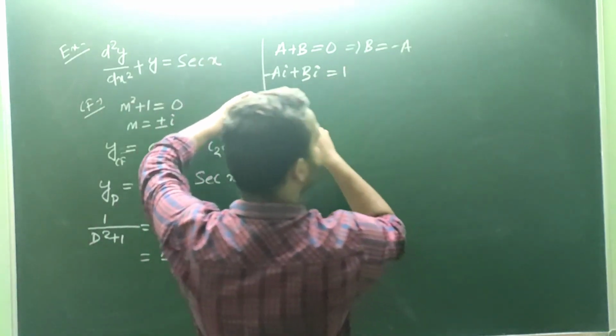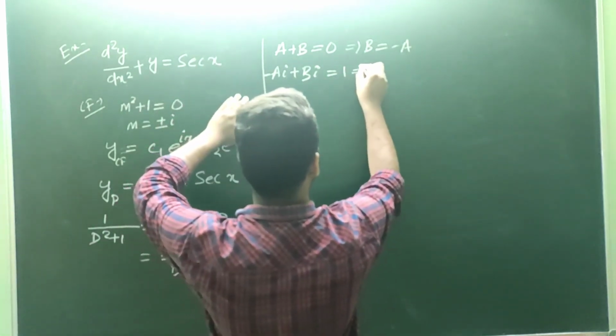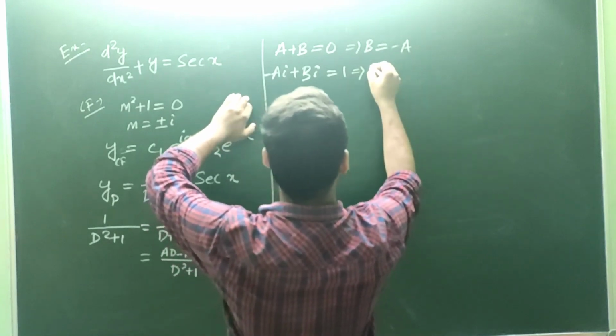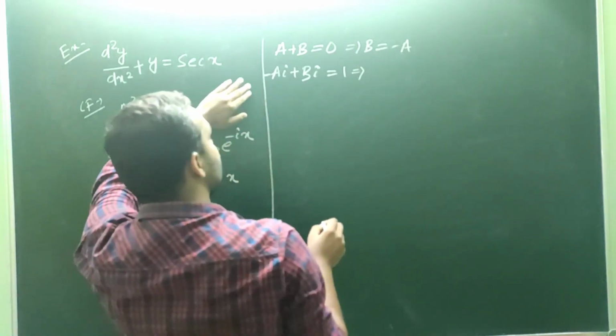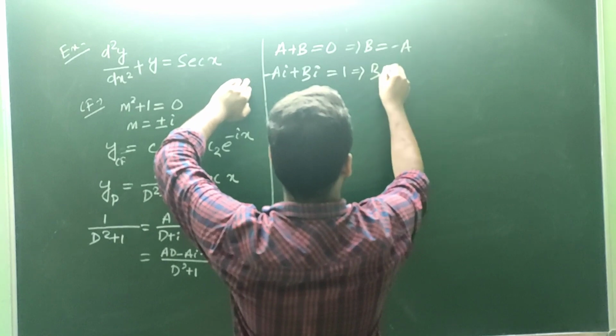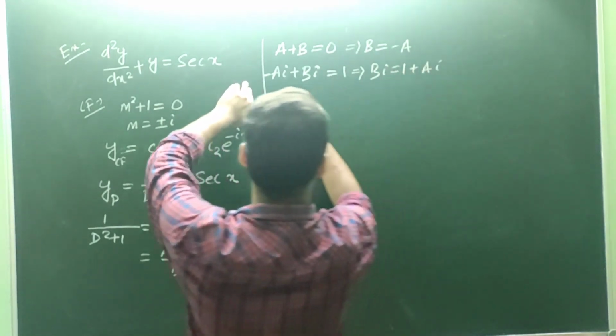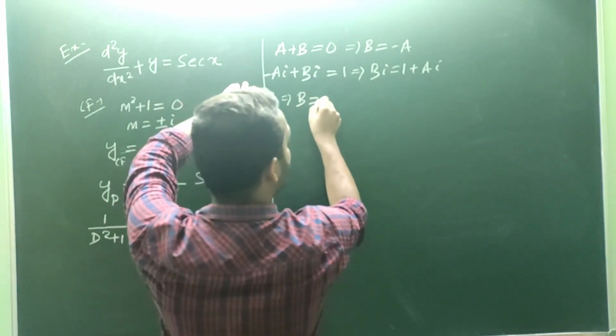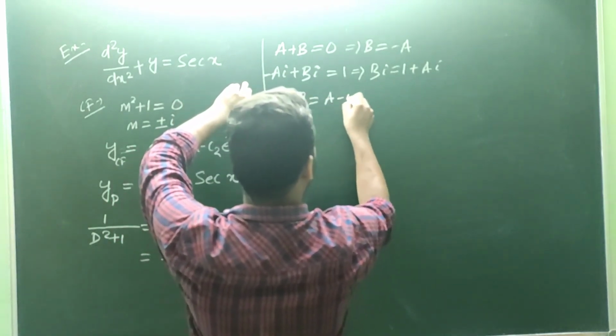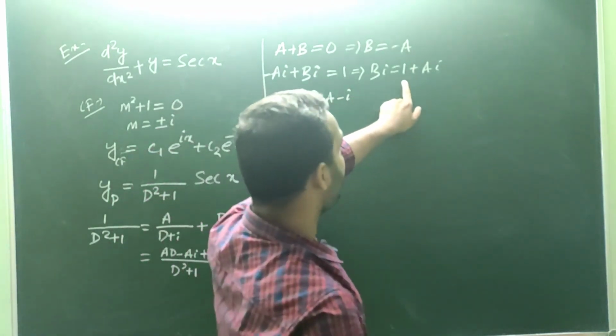If you simplify this, bi is equal to 1 plus ai, then divide by i, we get b is equal to a minus i, because 1 by i will be there.